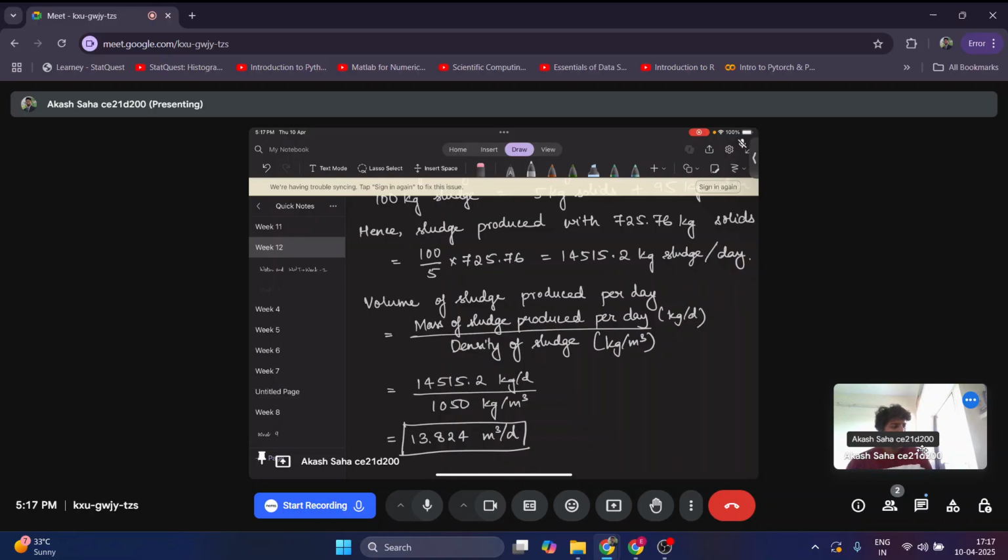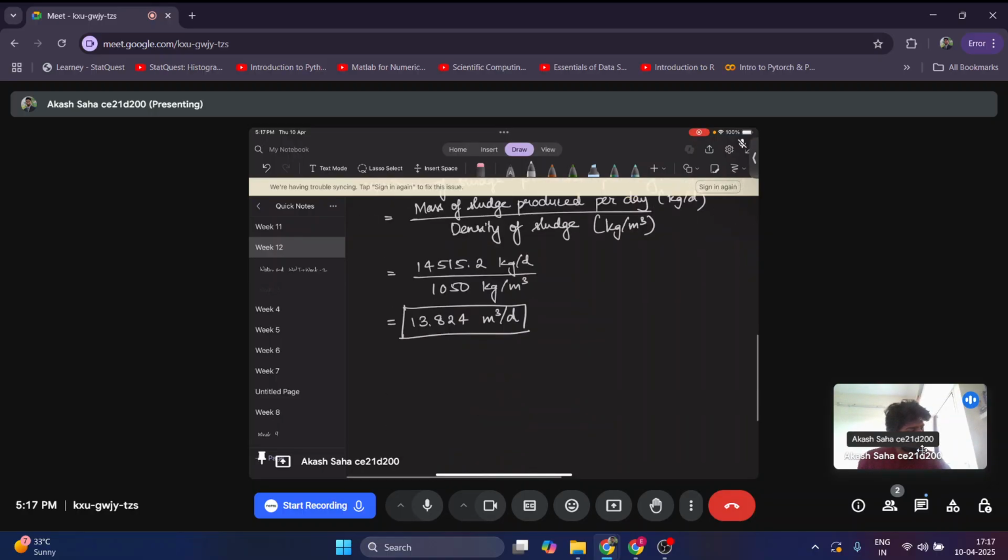Okay. So very simple. So what is the flow? First we will calculate the mass of suspended solids, that is in kg per day. So this is the first task.